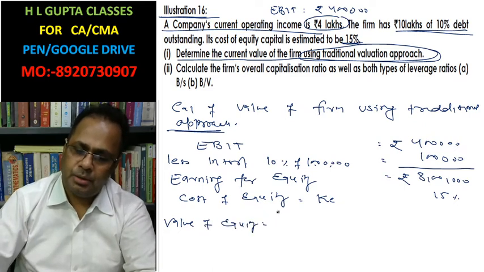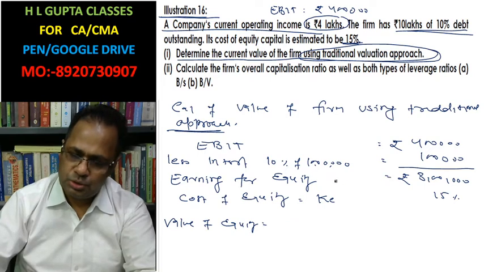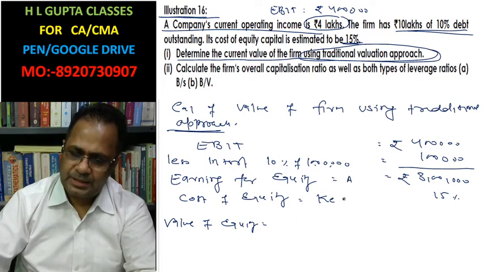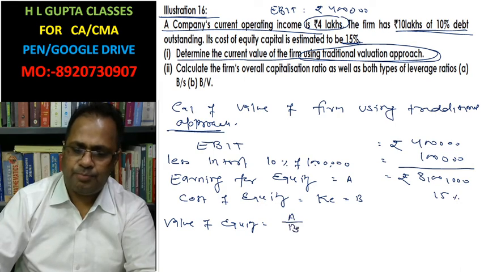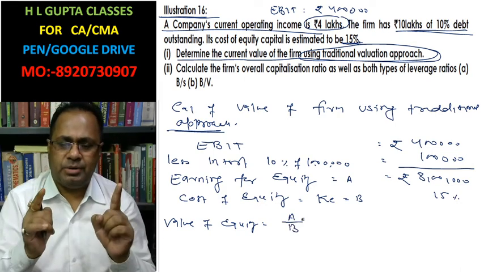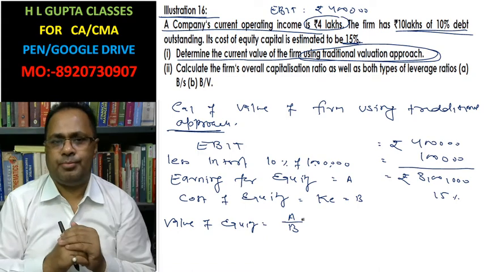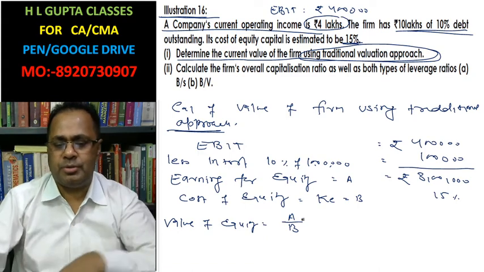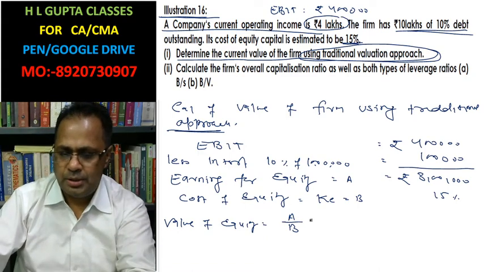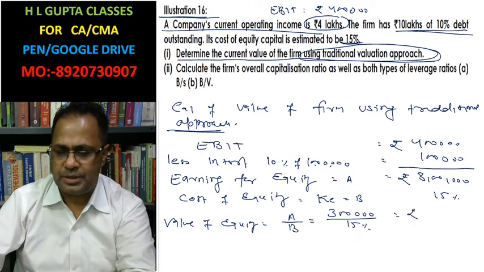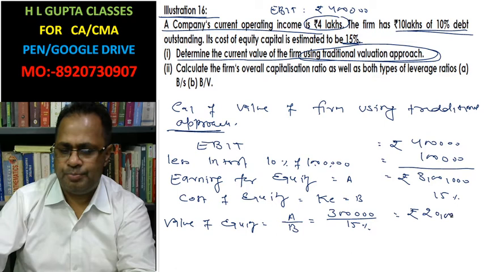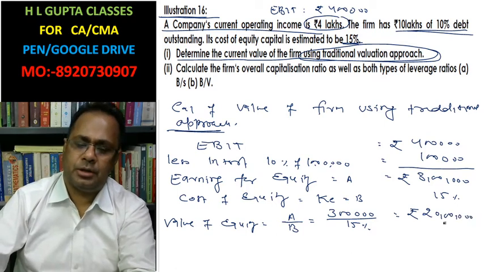Suppose this is A and this is B. Value of equity is A divided by B, that is earning for equity divided by cost of equity. Earning for equity is 3 lakh divided by 15%. This is rupees 20 lakh.